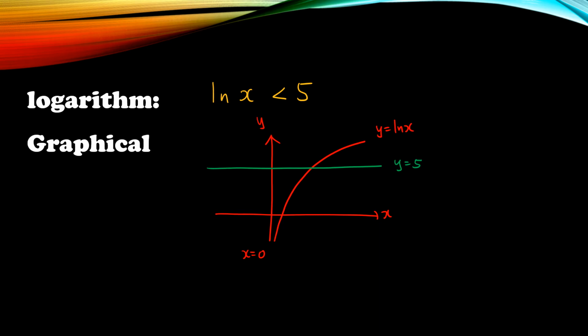We want to find the values of x where the red curve is below the green line. The region I shaded in yellow starts from the right side of 0 and goes to the left side of this intersection point, which you can easily solve as e power 5. So the correct solution to this inequality is x must be greater than 0 and smaller than e power 5.